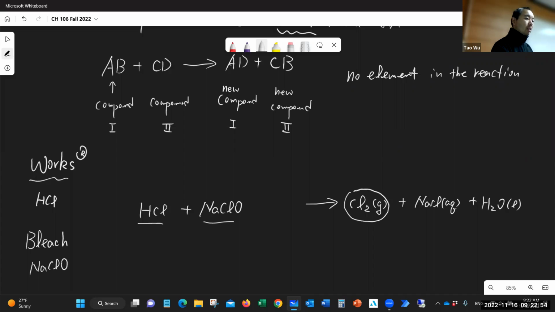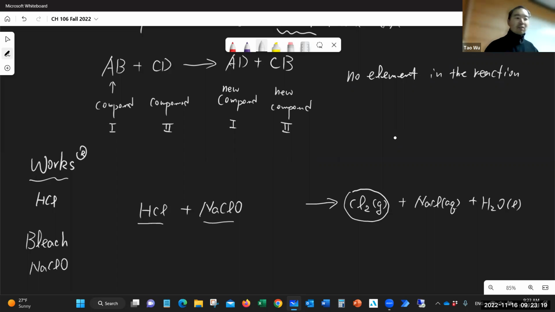Chlorine is an element present in these reactions, so this is definitely a redox reaction. So never put Works and bleach together to clean things. This is the lesson that I learned, and you don't have to experience that again.